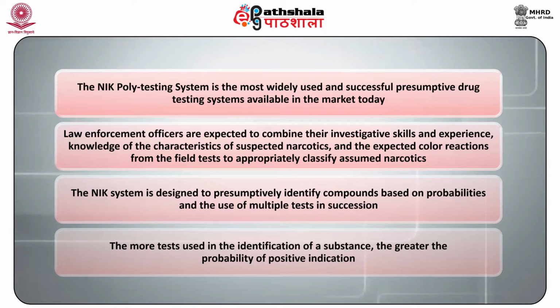Law enforcement officers are expected to combine their investigative skills and experience, knowledge of the characteristics of suspected narcotics and the expected color reactions from the field test to appropriately classify assumed narcotics. The NIK system is designed to presumptively identify compounds based on probabilities and the use of multiple tests in succession. The more tests used in identification of a substance, the greater the probability of positive indication.